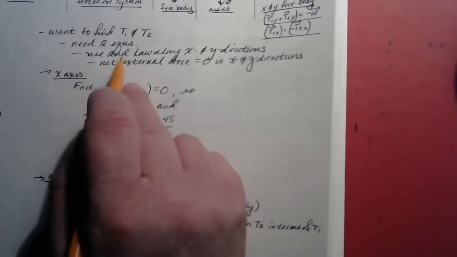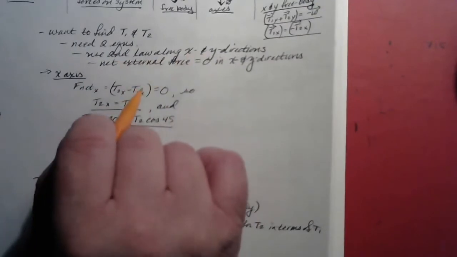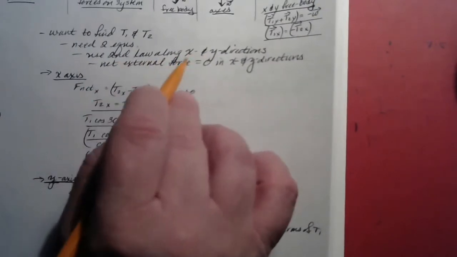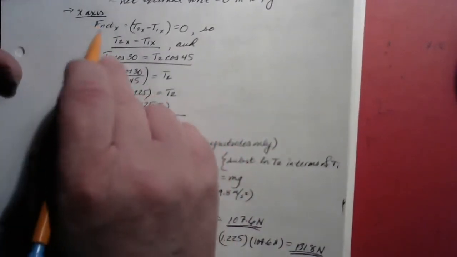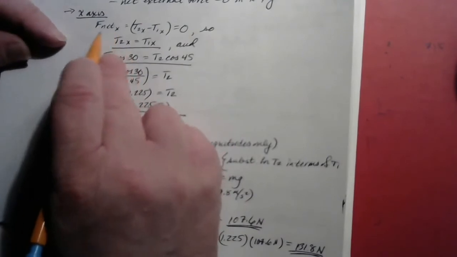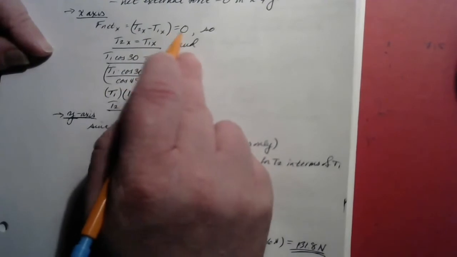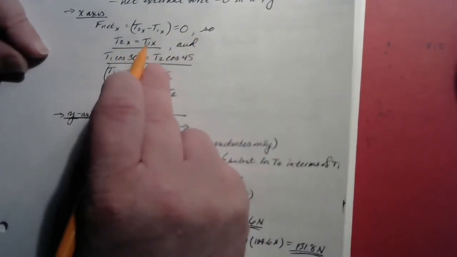So we use the second law along the x and y axes, where the net external force would be 0 in both directions. For the x-axis, you can say the net force in the x direction is equal to T2x, that is the x component of T2, minus T1x, that is the x component of T1, and that equals 0. So in other words, T2x equals T1x, at least in terms of magnitude.